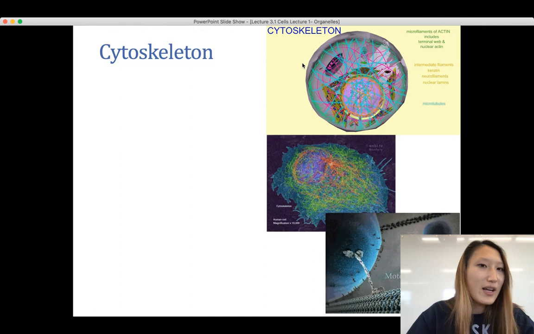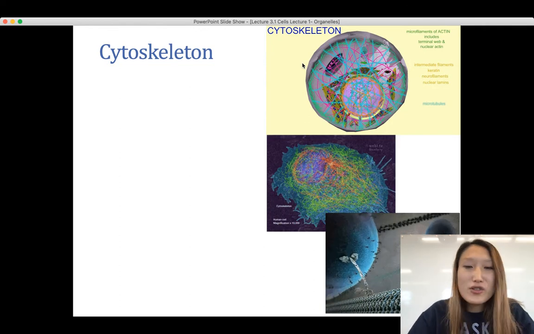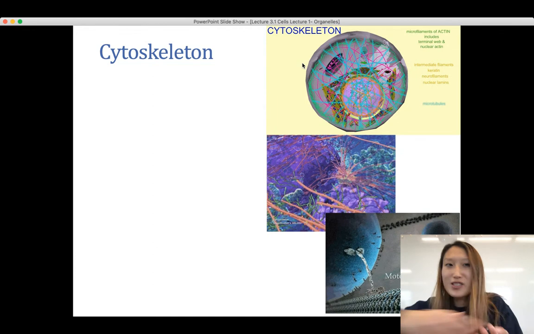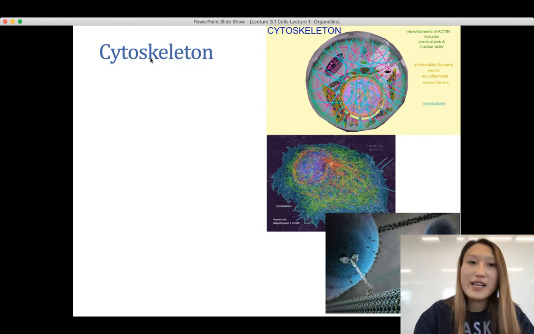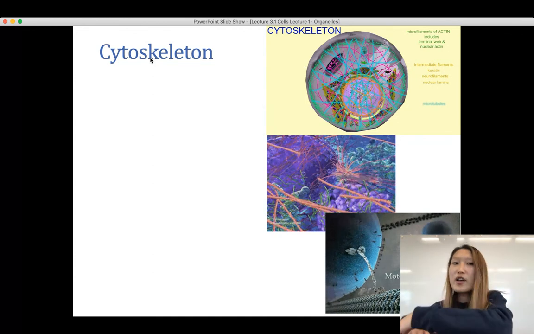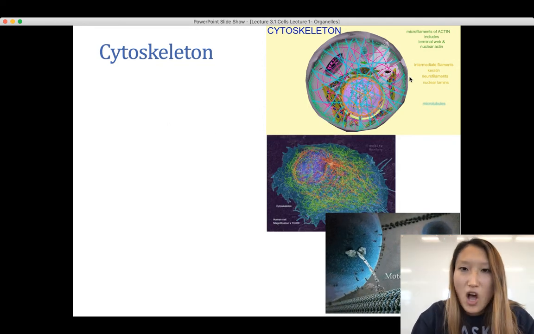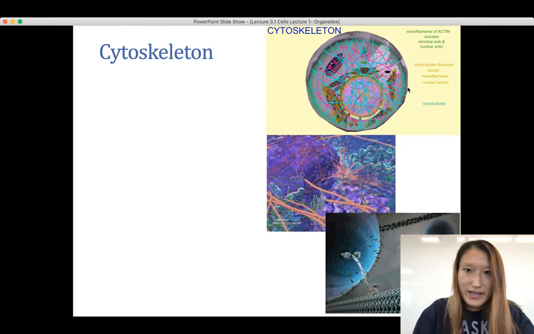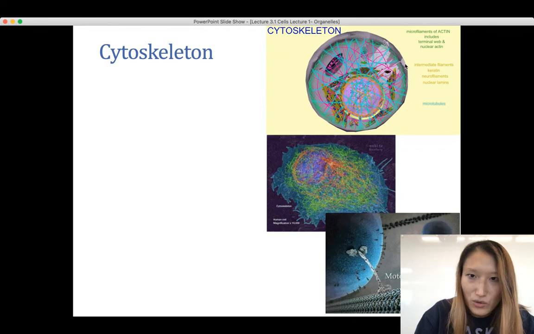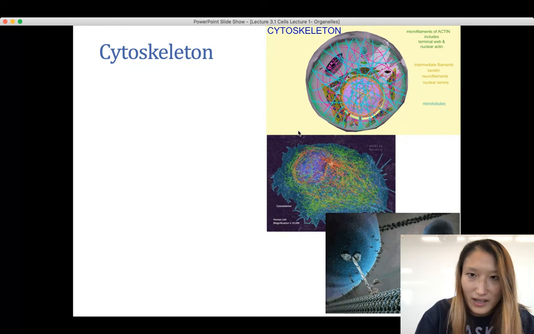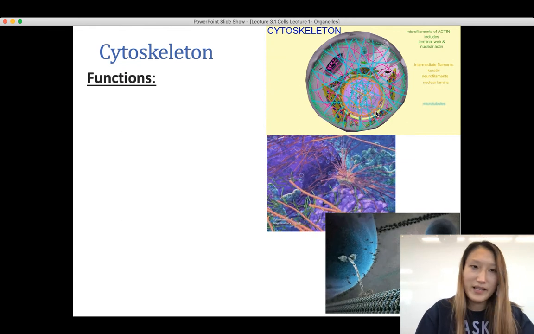Remember those vesicles that we were just talking about? How do the vesicles know where they're going, right? They have to follow some sort of direction. The cytoskeleton can kind of allow the vesicles to travel in a certain direction, right? And it also kind of keeps all the organelles where they need to be, right? That's why you don't see a nucleus all the way shifted to the end, or, you know, things like that.